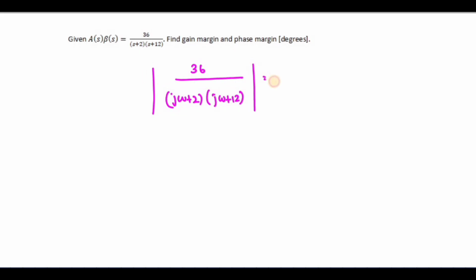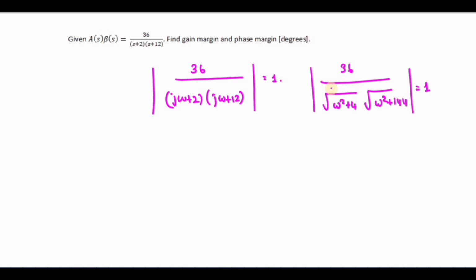After that you find the phase margin by 180 degrees minus tan inverse of omega divided by 2 minus tan inverse of omega divided by 12.